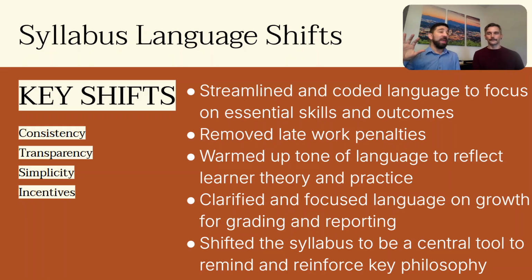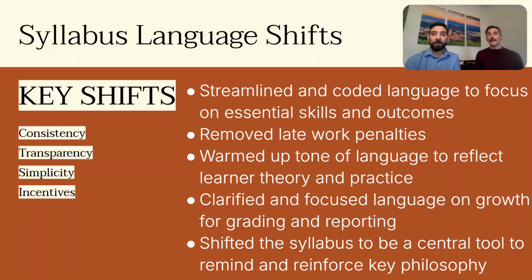And the other thing that we did was we kept coming back to the syllabus. We kept coming back to these are the main things, the reading and writing skills that you'll be assessed on. These are the ways that we are measuring growth as we go forward. We really wanted to make sure that those central philosophies of growth, understanding, and compassionate equity were at the forefront of what we were trying to do here.